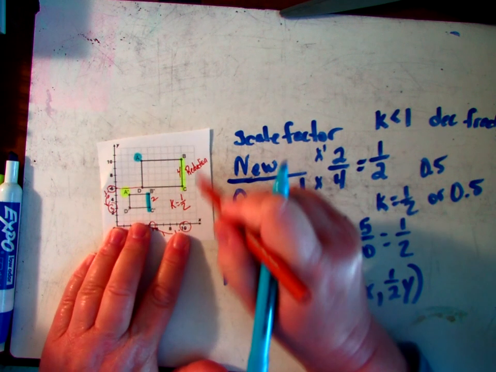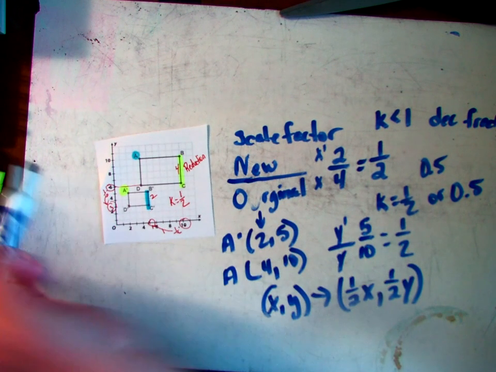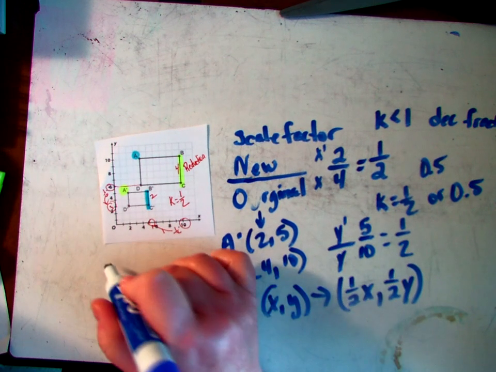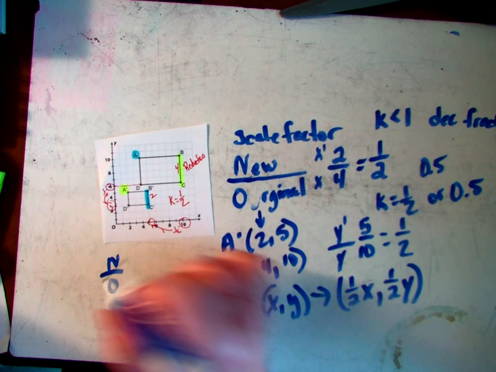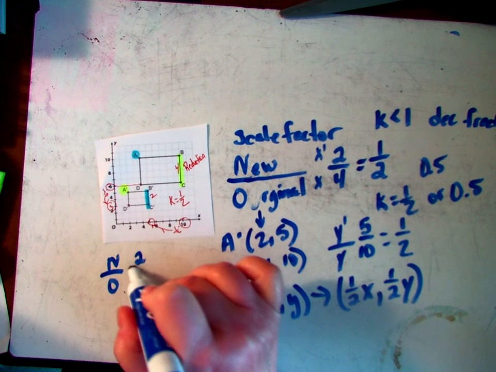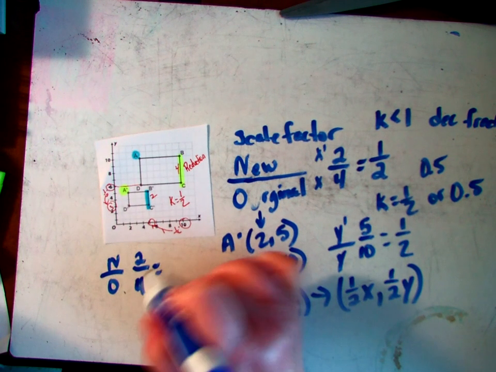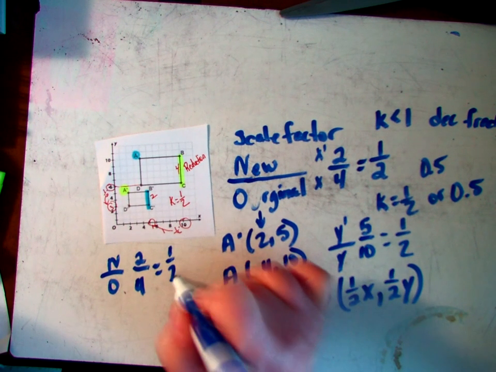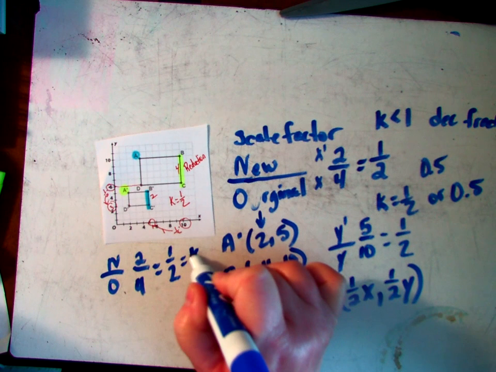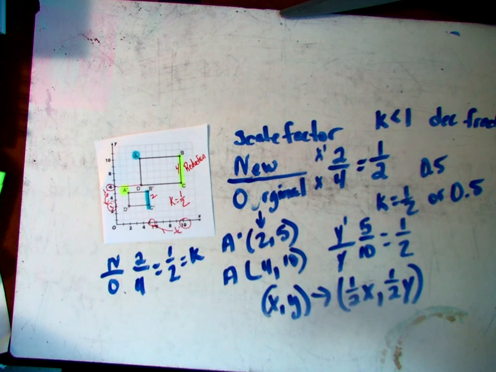So if I wrote that as a ratio, I would write it as the new over the original. The new side was 2, the original side was 4. Once again, simplify that, I get 1/2. So therefore, again, K equals 1/2. So you can do it with the ordered pairs, or you can do it with a side measurement.